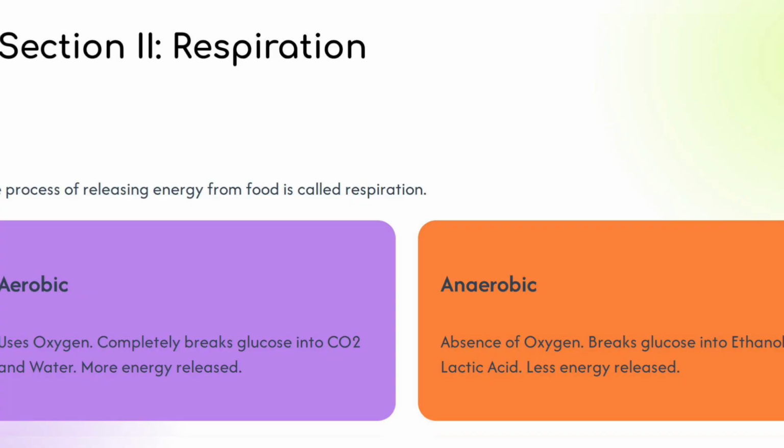Anaerobic respiration happens in the absence of oxygen. Glucose is partially broken down into ethanol or lactic acid, and much less energy is released. So aerobic uses oxygen, completely breaks glucose into carbon dioxide and water, and more energy is released.